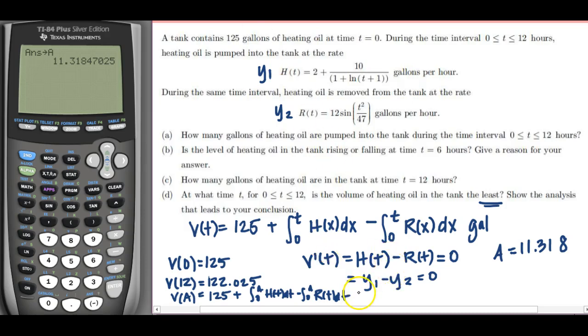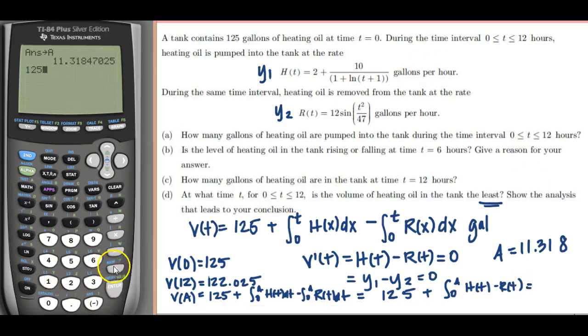Just to show you another kind of cool thing we can do, these two integrals, by our properties of definite integrals, can be thought of as the integral from 0 to a of h of t minus r of t. Well, we called that in our calculator y3. So I'm saying that so that right now when I enter in my integral, it'll be a little bit faster to say plus, and then math 9, the integral from 0 to a of y vars and then y3.